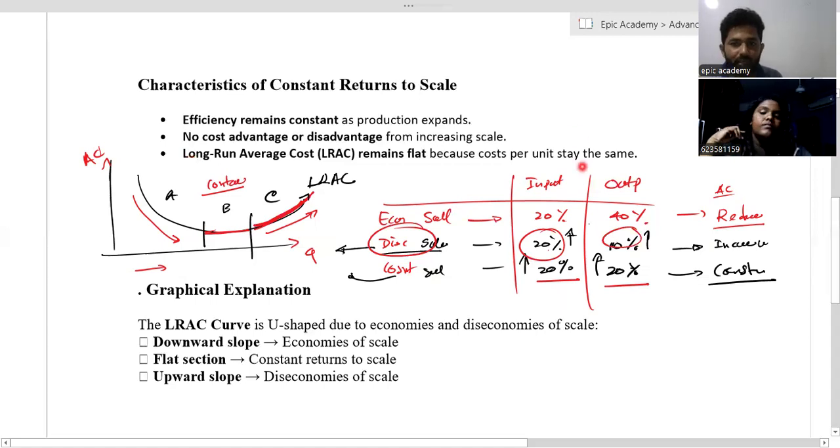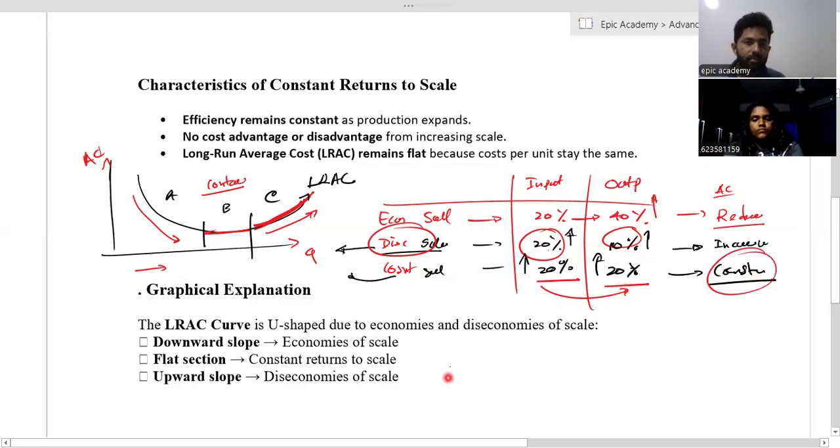Increasing returns means returns are at a good level. You increase input by 20%, but output increases by 40%. That is increasing returns. You increase input by 20%, but output increases by only 10%. That is decreasing returns. This is constant returns: a similar amount of increase in output and input.